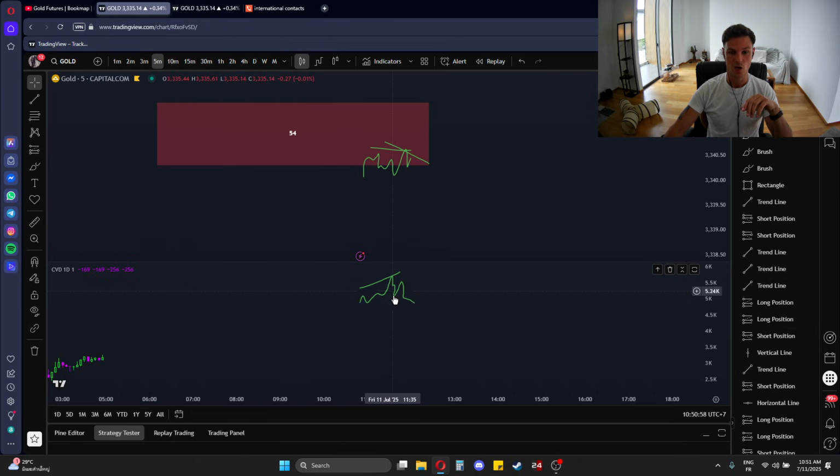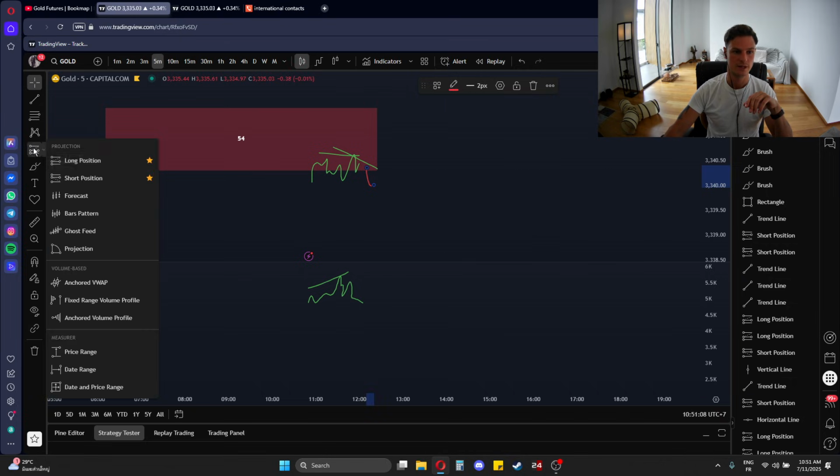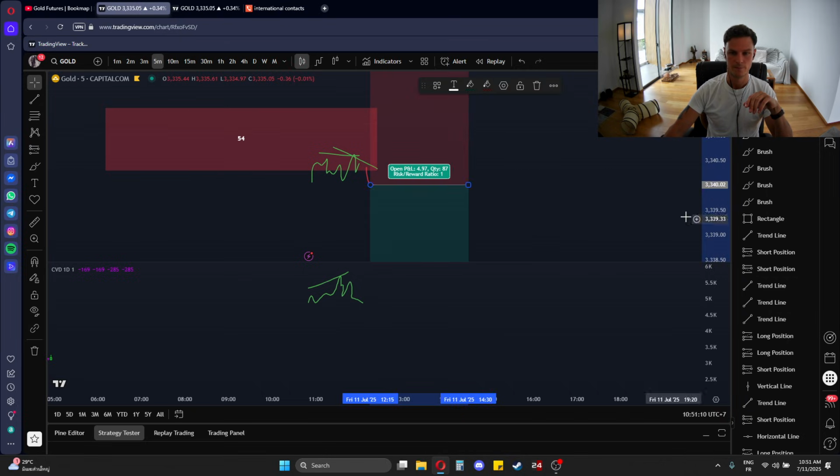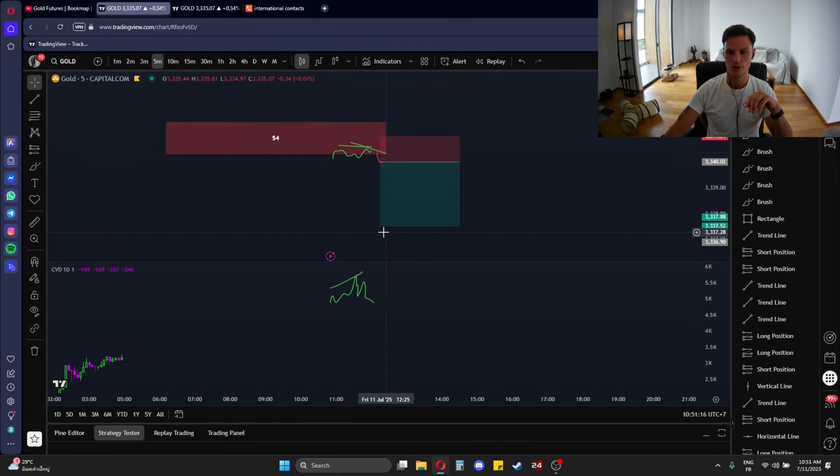The market buyers are trying to push price up, they're failing. And then eventually I want to see a bearish candle here, engulfing candle, right? Bearish engulfing candle, 1 to 1.5.